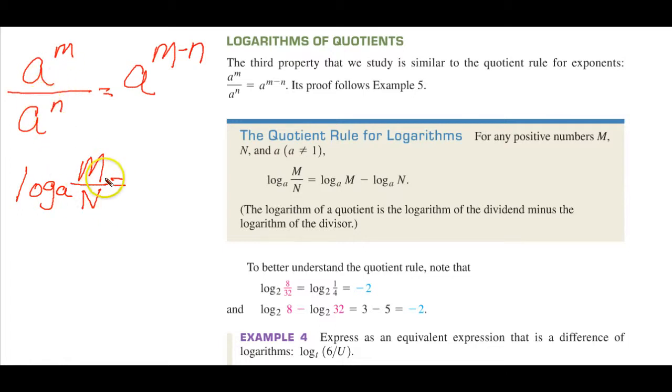So we are going to subtract then, and this will become log base a of m. That's our product. And to indicate our subtraction, we then say minus log base a of n, which is what they have here.